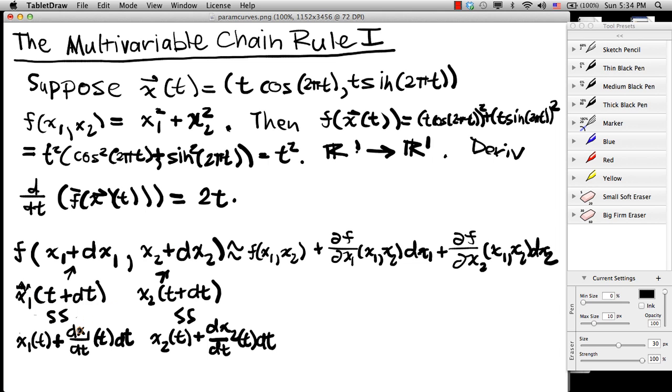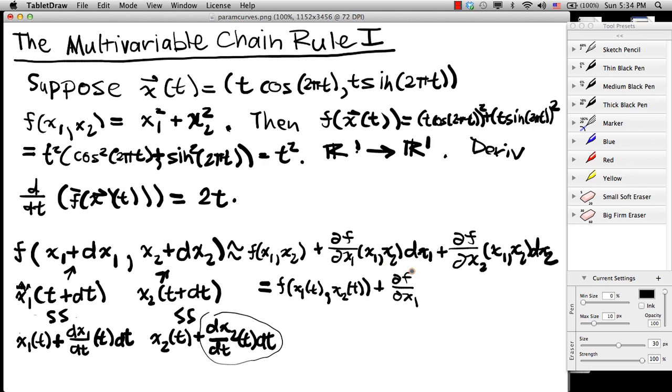Now that we have this expression, we know that my differential dx1 is actually dx1 over dt evaluated at t times the differential of t, so an infinitesimal change in dt. That means that I'm just going to substitute this term in for my dx1, and this term right here will go into my dx2. And how does it now look? Well, we've got f of x1, so now everything is a function of t, so I've got x1 at some time t, x2 at some time t, plus I've still got df dx1 here.